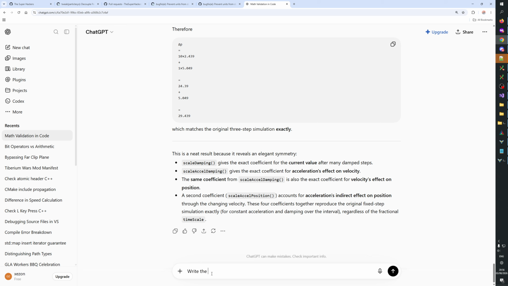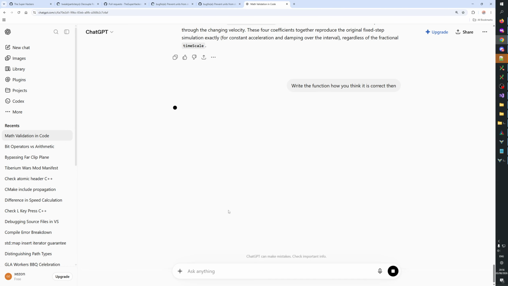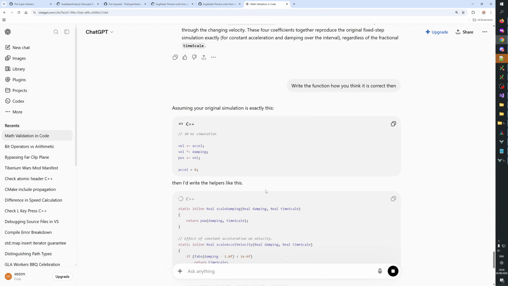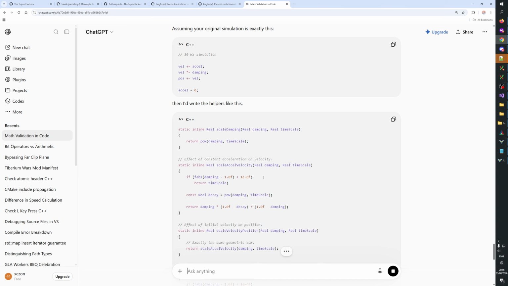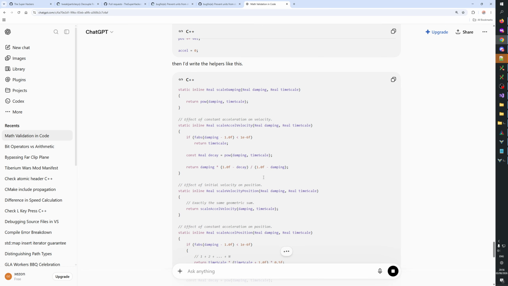Write the function with how you think it is correct. Yeah. Scale damping. Oh boy.